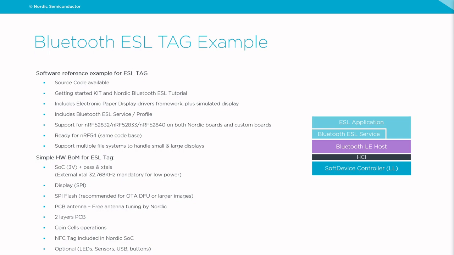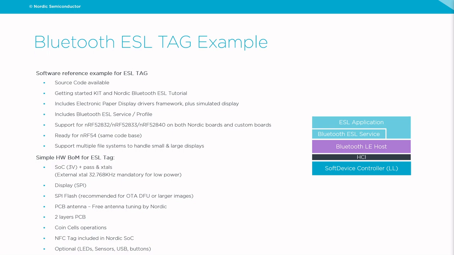Then, using the SPI interface, you can connect displays or external flash or sensors. The antenna can be integrated on a PCB using the Nordic help, and you can also use a two-layer PCB for further reducing costs. It's possible to drive the Nordic SoC directly from coin cells, and most Nordic SoCs also include NFC tag functionality for free, which can be quite useful for user interaction.